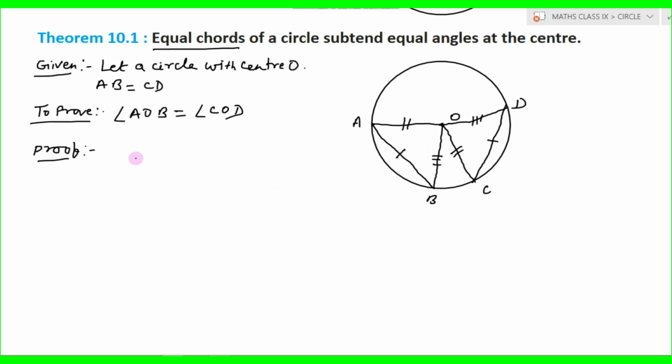So how to present that? We have already done this in the previous chapter. In triangle AOB and triangle COD, OA is equal to OC. What is the reason? Radii of the same circle.